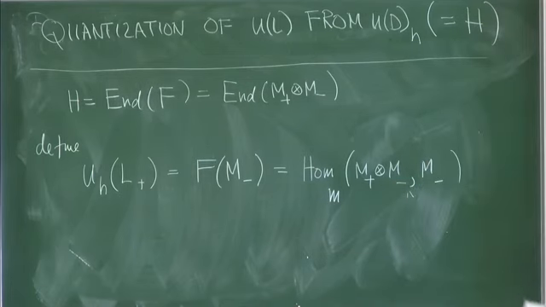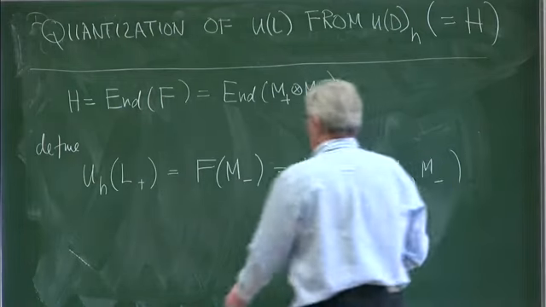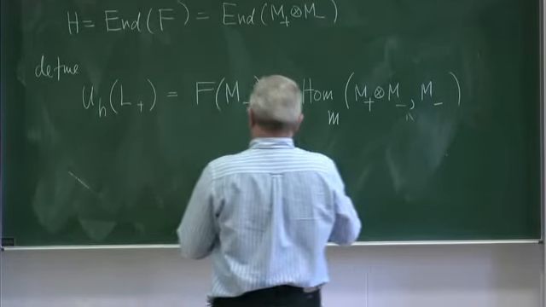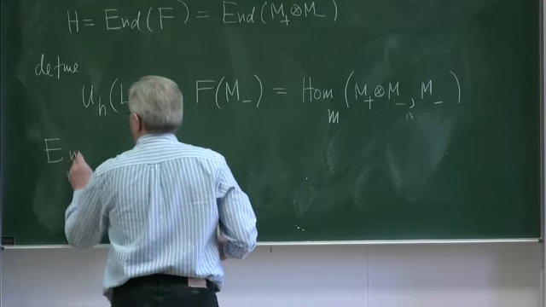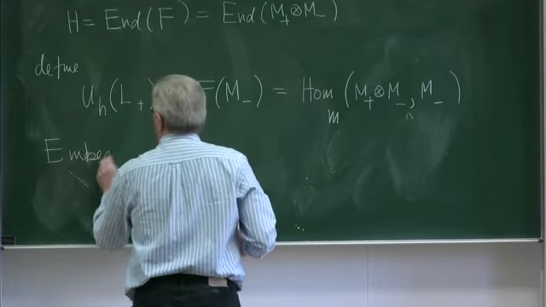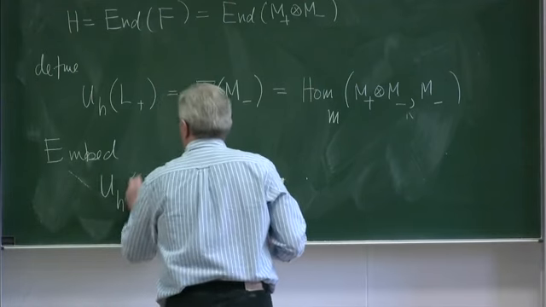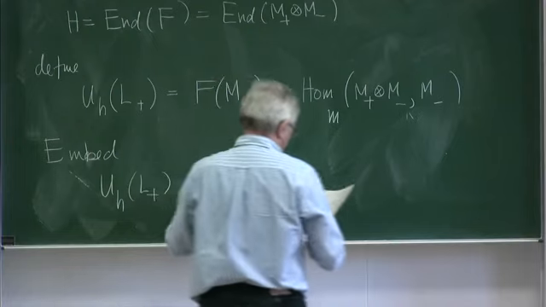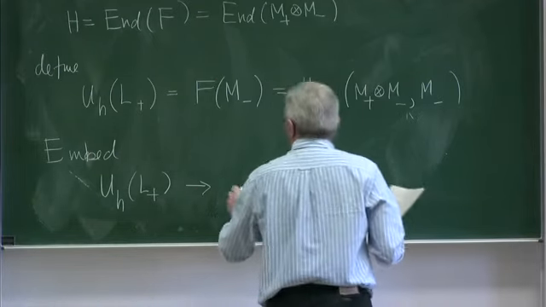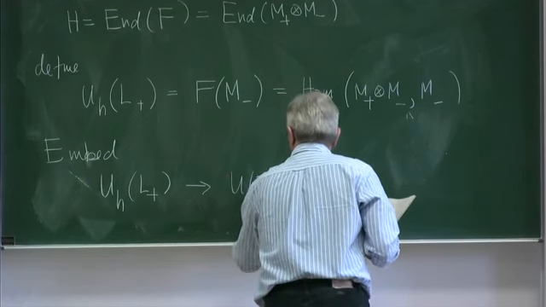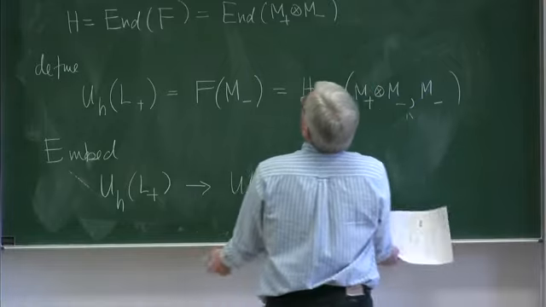So that's just a definition of the vector space U h of L plus. Now what I do is I embed A into U D of h as follows.